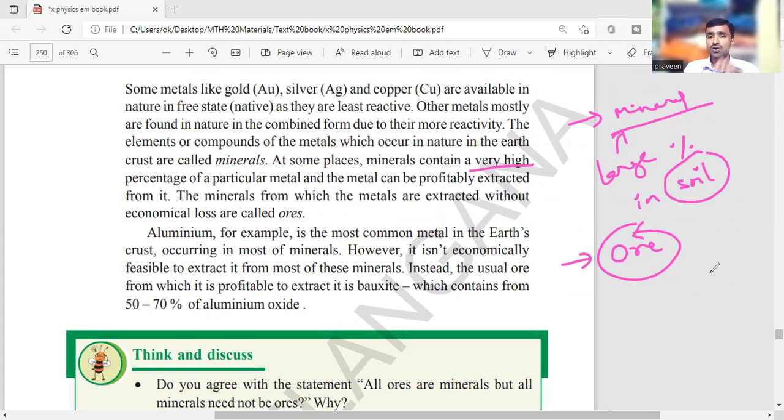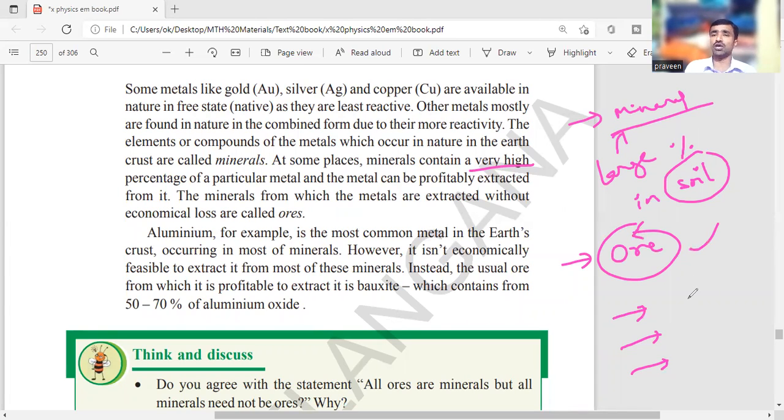That is economically beneficial, so we save time, money and energy in separating them. So a large percentage of mineral available in a particular soil, that substance only is called ore.